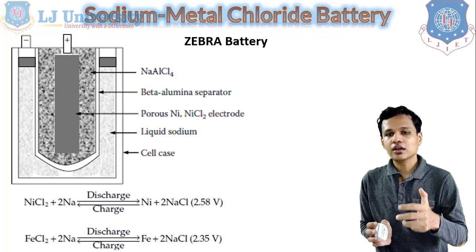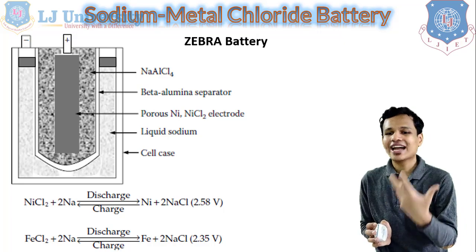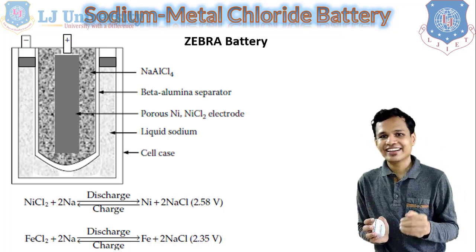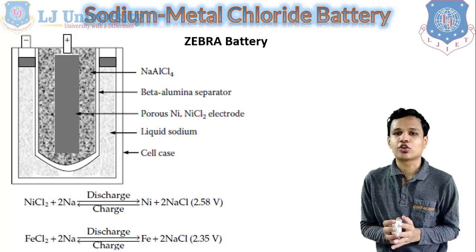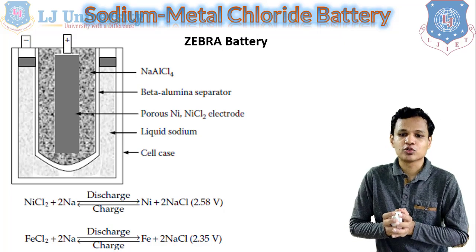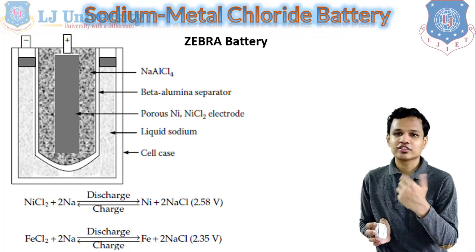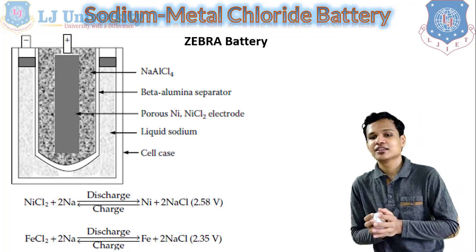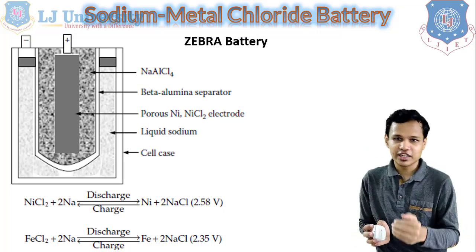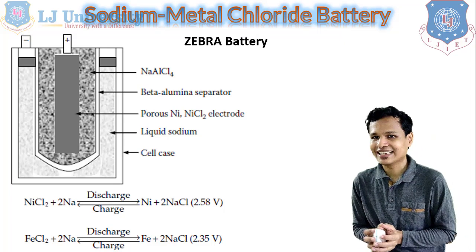In the case of the positive electrode, either porous nickel or porous nickel chloride is used. Now the difference is that here we require two electrolytes. One is NaAlCl4, that is sodium aluminum chloride, and the second one, which was used earlier, is the beta alumina separator. It is used as a separator, but it also works as an electrolyte in this case.